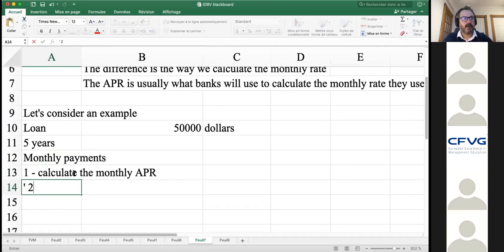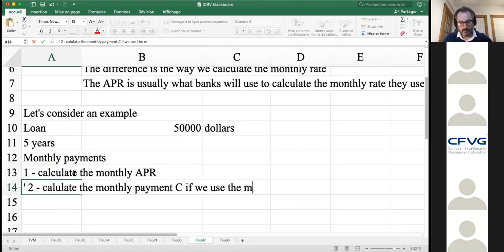Second, calculate C, the monthly payment, if we use the monthly APR in the calculation.